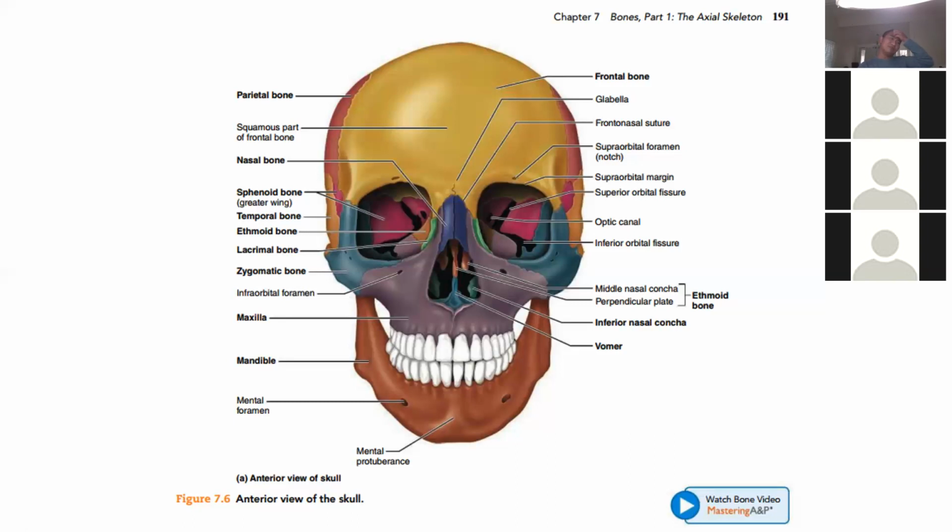That's not difficult because you have looked at this picture from the previous slide, and you remember the zygomatic bone, which is coming from the zygomatic arch. Zygomatic process, which is coming from the temporal bone, and this is the parietal bone. Frontal bone is the forehead.